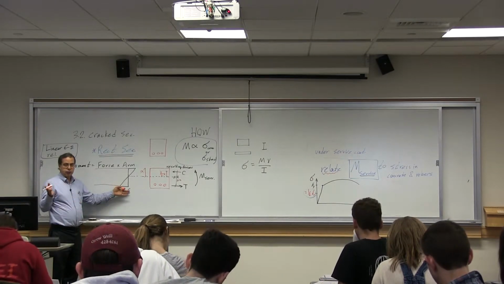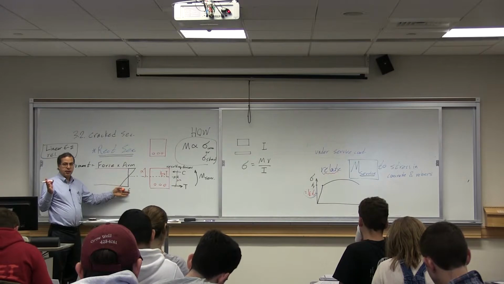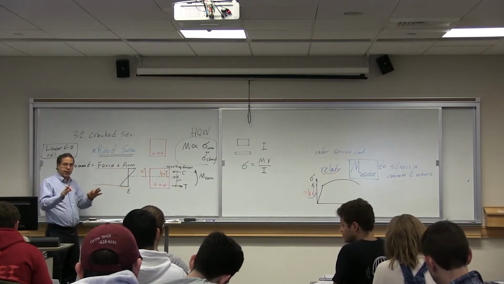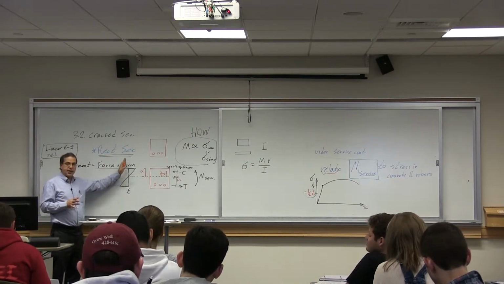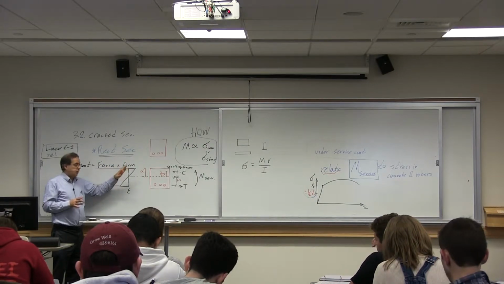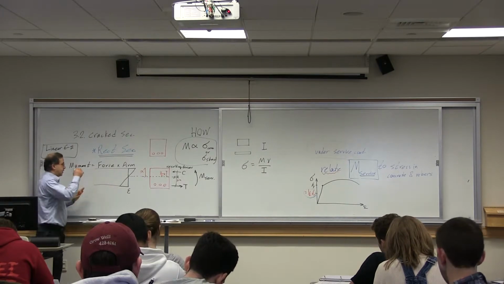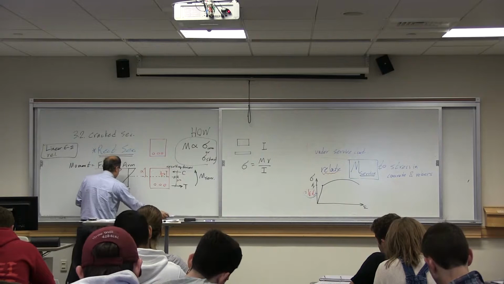We talked about it 2 lectures ago. Based on beam theory that we are using, which is Bernoulli's beam theory, the strain variation within the depth of section is linear. We want to go now from strain to stress. A stress variation within the section now is also linear.